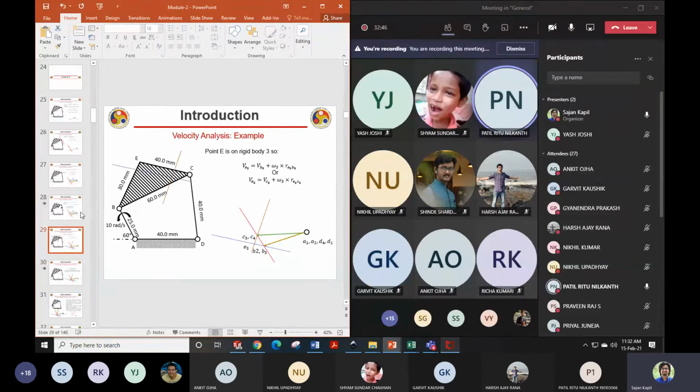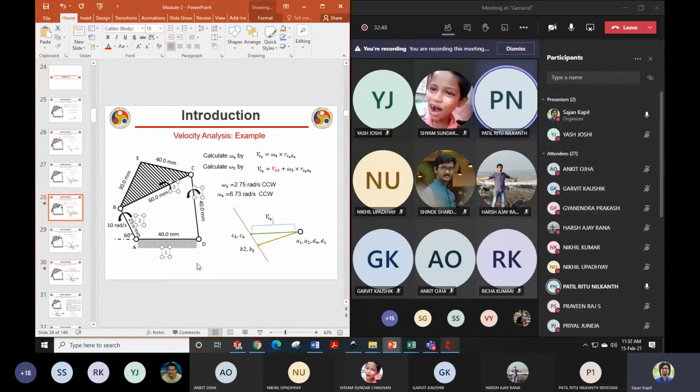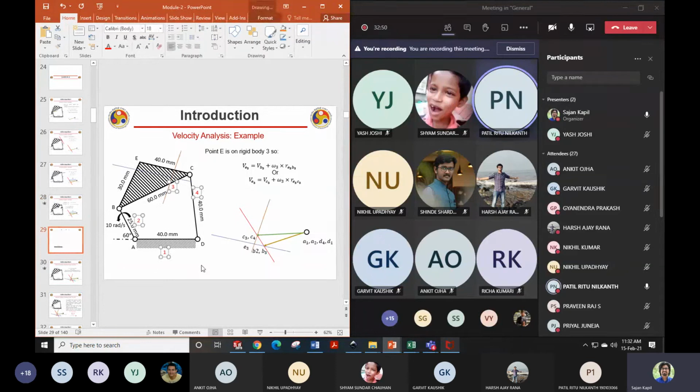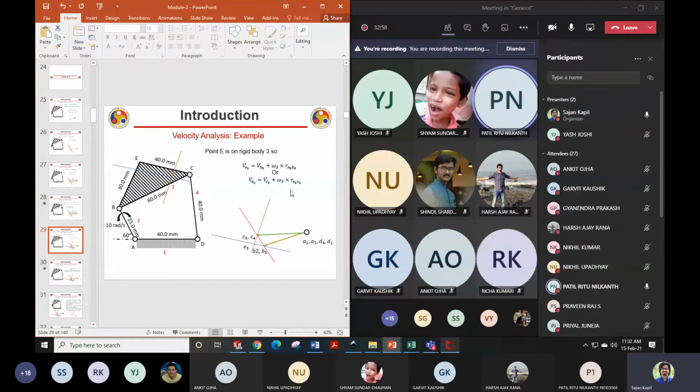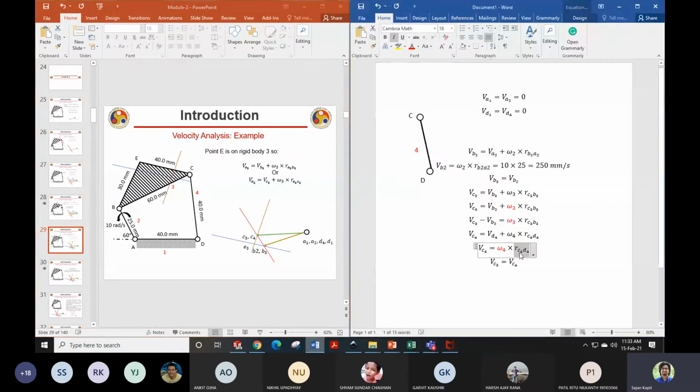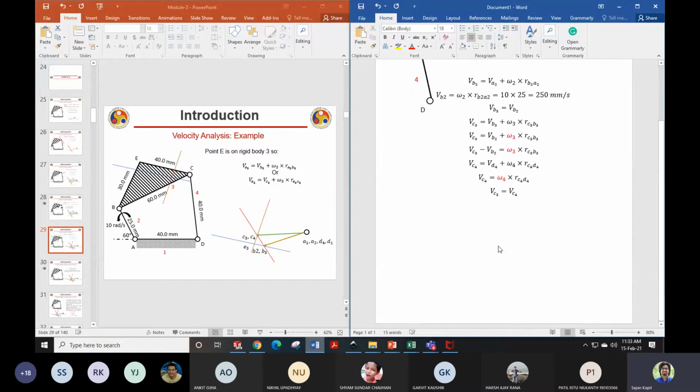So I'm asking you now, to find out the velocity of point E, first we will write the equation. I'll rewrite it in front of you. Ritu, help me.